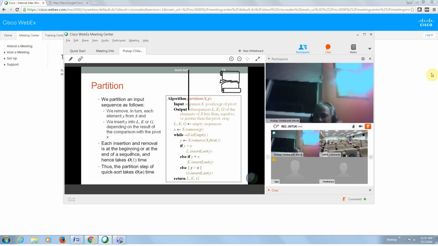We can access it right away. But if there are n elements, basically the partition step of quicksort takes order of n time, because every element is accessed in one time, but there are n elements, so it will be order of n in terms of partitioning it, like breaking it down into L, E, G.